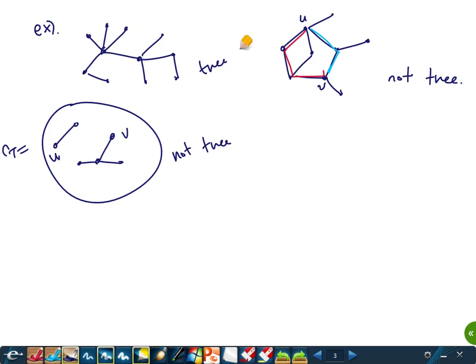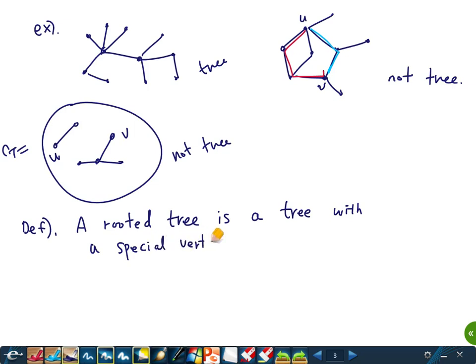And a tree, sometimes it's useful to specify one vertex in a tree, and we call it the root. So in this case, we say it's a rooted tree. A rooted tree is a tree with a special vertex.